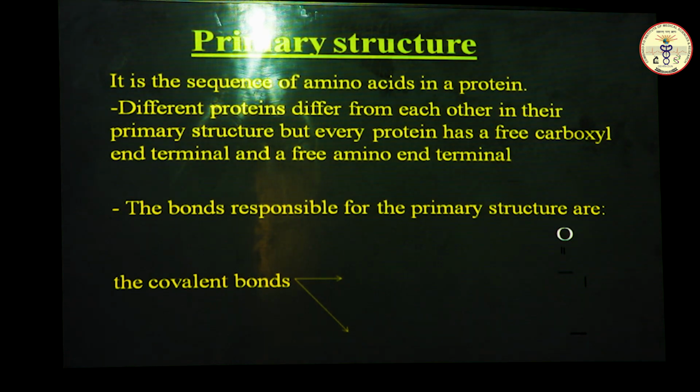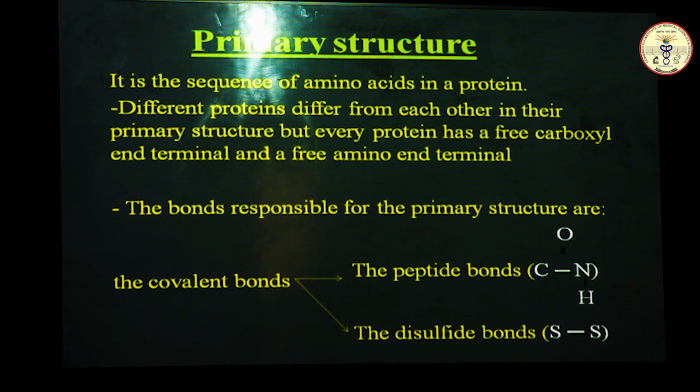Now, if we talk about the primary structure, it is the linear sequence of amino acids present in a protein, and different proteins differ from each other in their primary structure.